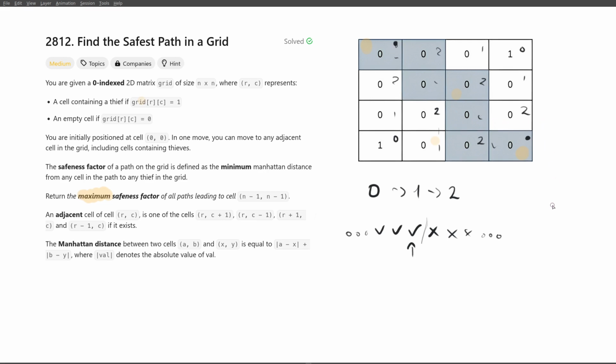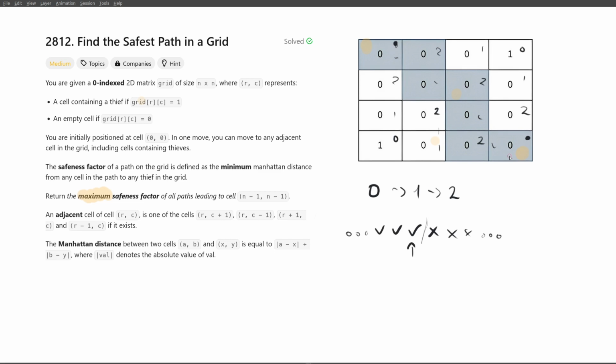Now, if that safeness is smaller than what we've seen previously, then our answer will be at most what we've taken, so we have to reduce our answer. And then we can also update all the other cells that are neighbors of that new cell we've added, add them to our priority queue, and we do that until we reach the final cell. The smallest safeness that we've accepted in a cell that we've taken will be our answer. So that is a priority queue based solution.